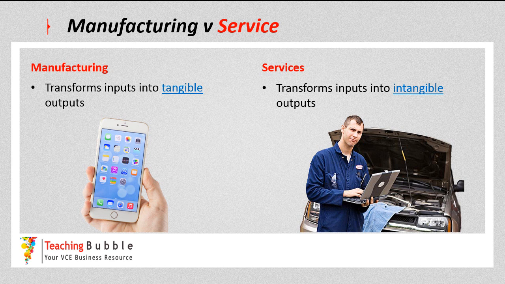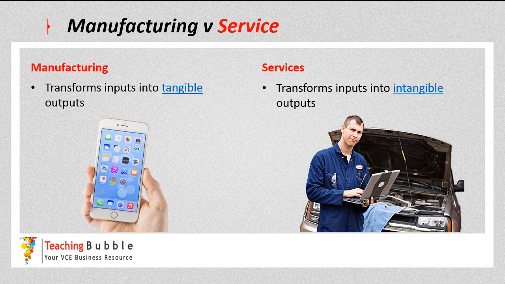Now, fair enough, there's a car there, but what I'm saying with that picture is that if I take it to a mechanic, they provide a service on my car, and I can't really touch that service. I go in there, they provide the service to me, and then I drive away with my car. But the actual service they provide in terms of changing the oil and all those kind of things, yes, there are some tangible parts in there, but essentially it is an intangible good.